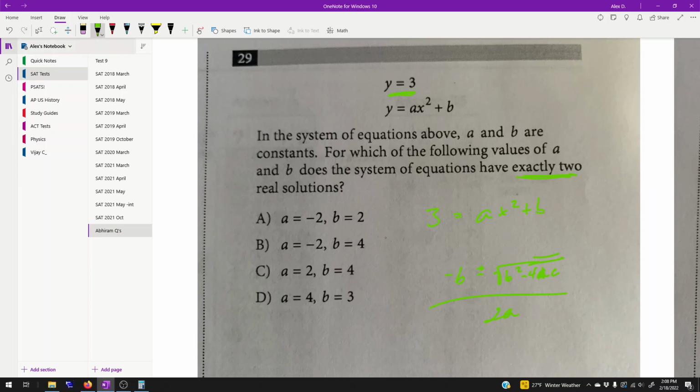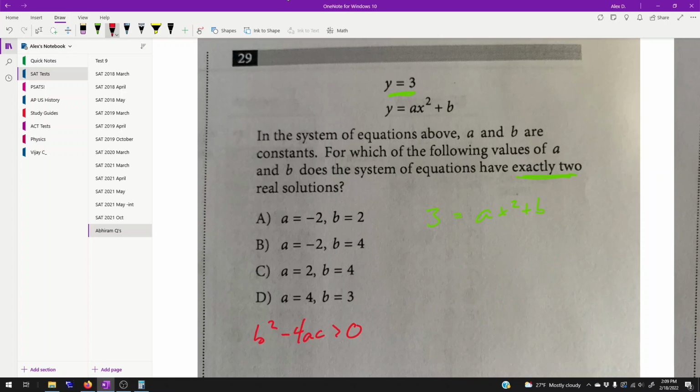The discriminant is the stuff under the square root, under the radical there. So the discriminant is positive if there are 2 roots. If there's 1 root, it's 0. If it's got no roots or no solutions, then it's negative. So we can say b squared minus 4ac is greater than 0, because we know it has 2 solutions.